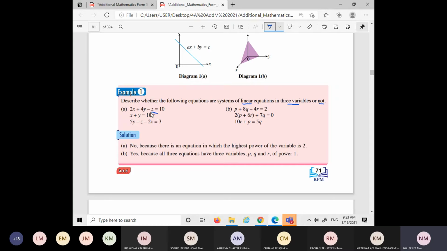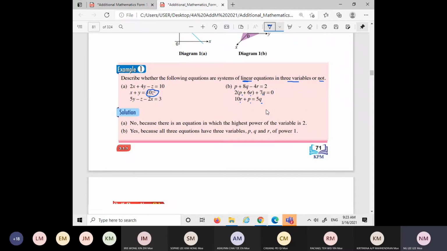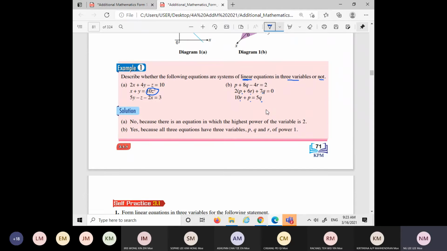Here it is, z to the power 2, so this is not linear. Look at B. The answer is yes, because all three equations have three variables P, Q, R of power 1. It's just that they are not arranged in the general form, but it is still a system of linear equations in three variables.